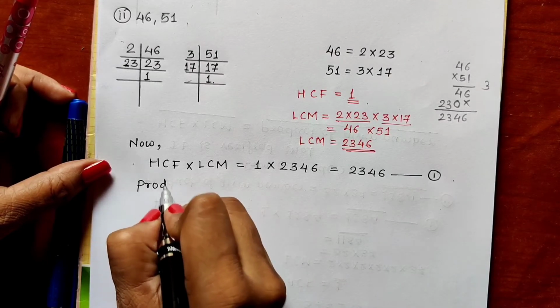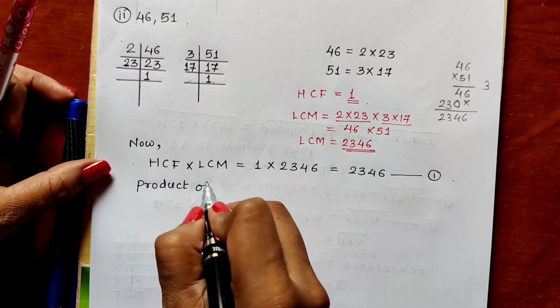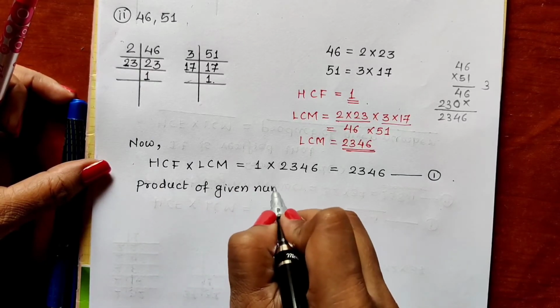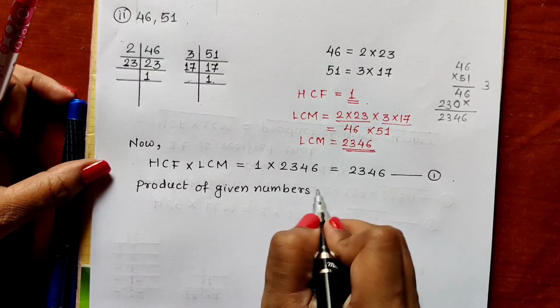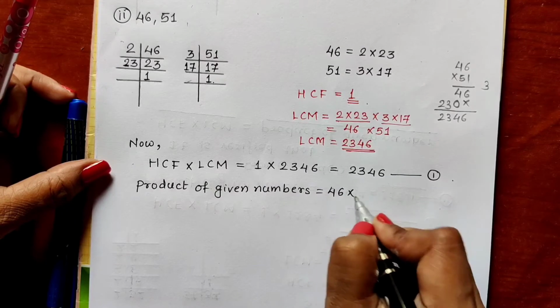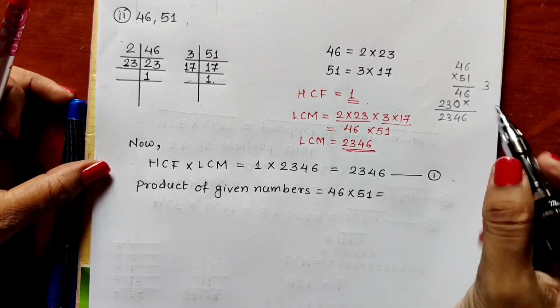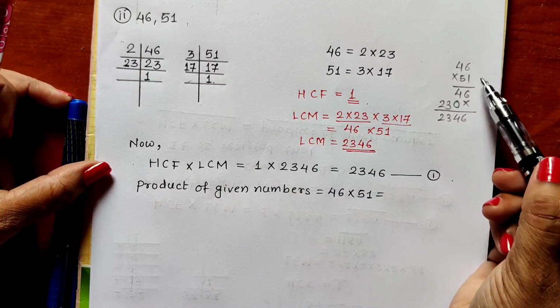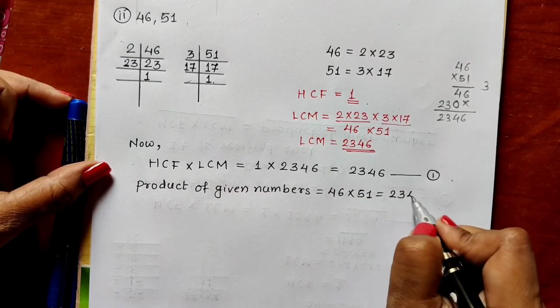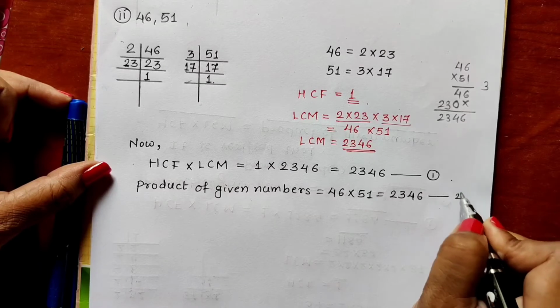We have to find out the product of given numbers. Given numbers are 46 and 51. So we will do the product of 46 into 51. Just now we have done the multiplication of 46 and 51 and we have got the answer as 2346. This is our equation number 2.